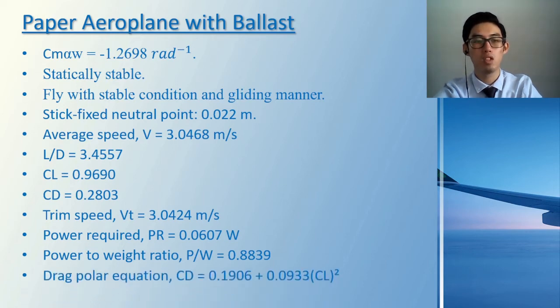The power to weight ratio is 0.8839. The drag polar equation is CD equal to 0.1906 plus 0.0933 CL squared, where K equal to 0.0933. The error coefficient is 3.7495.